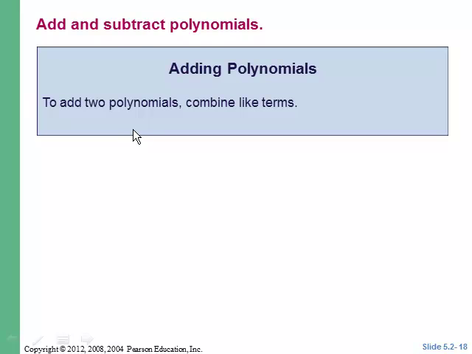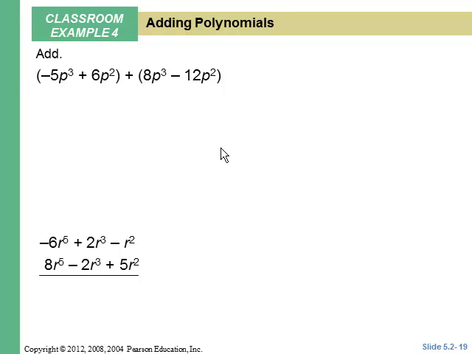So then when we add polynomials, we just combine like terms. Here's a set of polynomials that we can combine like terms. Negative 5 plus 8 is 3p cubed. 6 minus 12 is negative 12p squared.